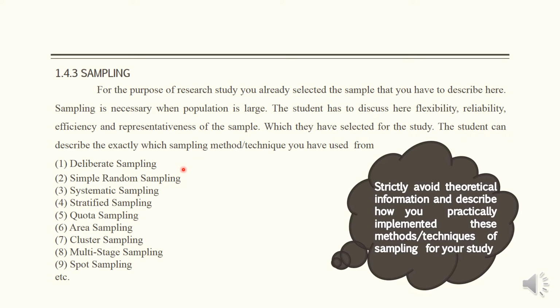The student can describe exactly which sampling method or technique was used from: judgmental sampling, simple random sampling, systematic sampling, stratified sampling, quota sampling, area sampling, cluster sampling, multi-stage sampling, spot sampling, etc. Strictly avoid theoretical information and describe how you practically implemented these methods or techniques of sampling for your study.